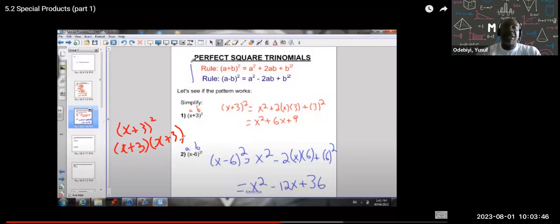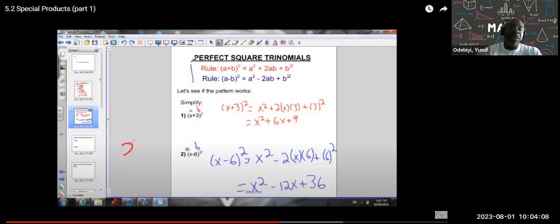Instead of doing the FOIL method, that times that, and then that times that, you can just fast track it because you already know it's a perfect square. The quickest way to get the answer is just using this rule here.